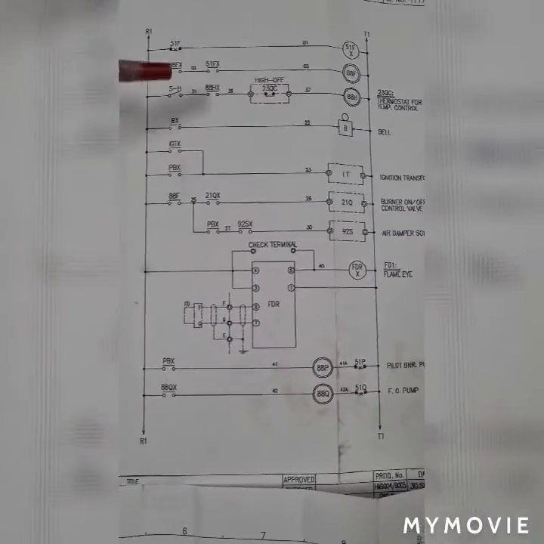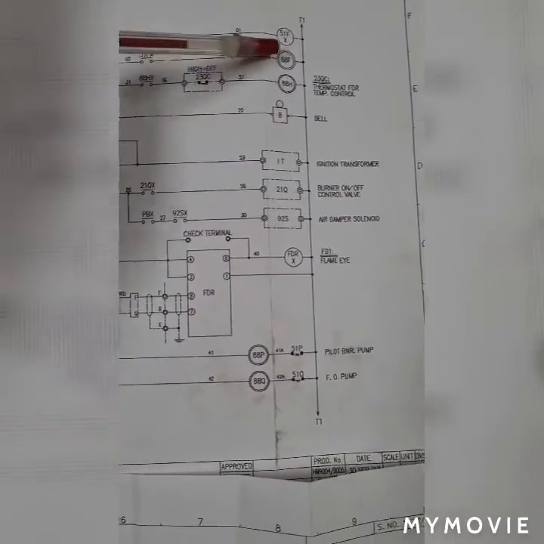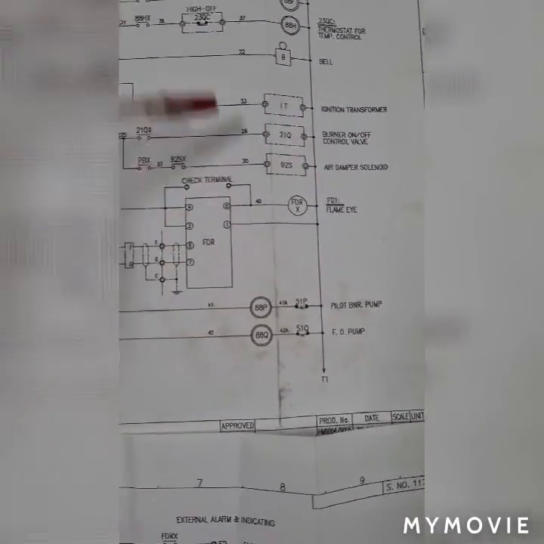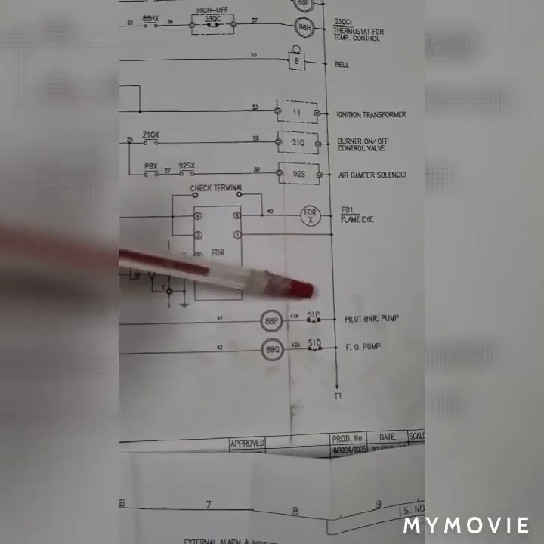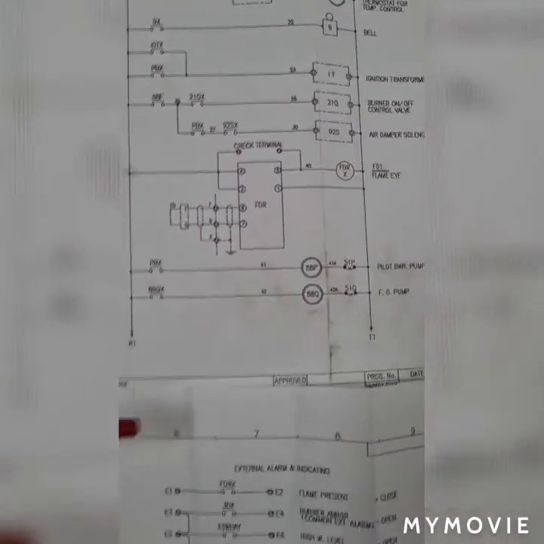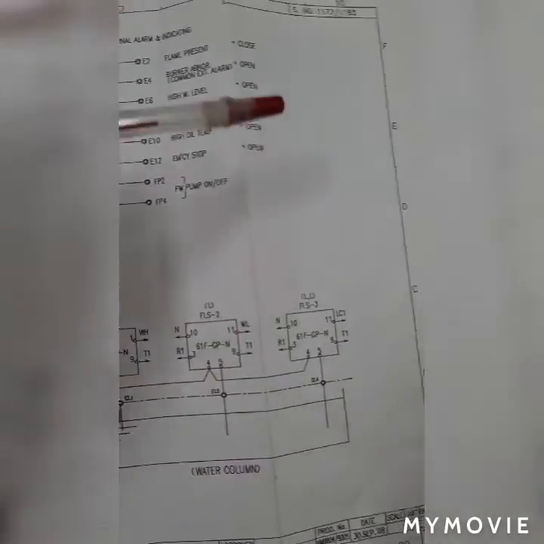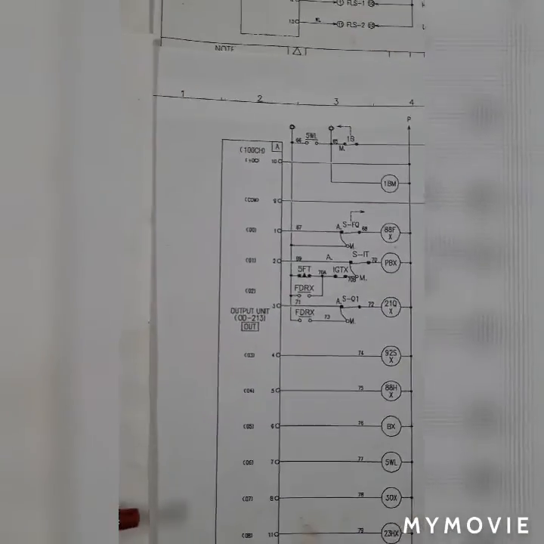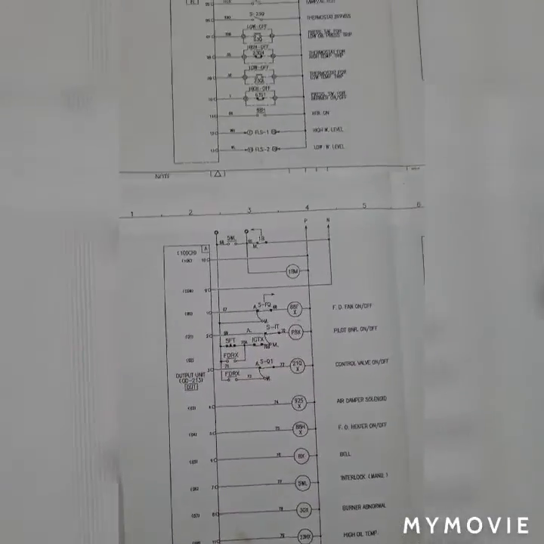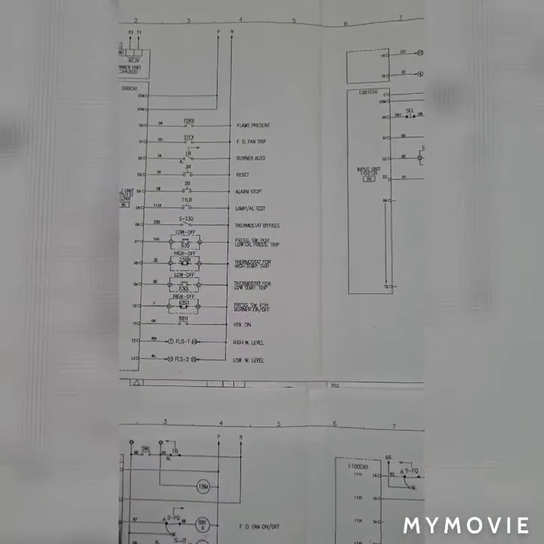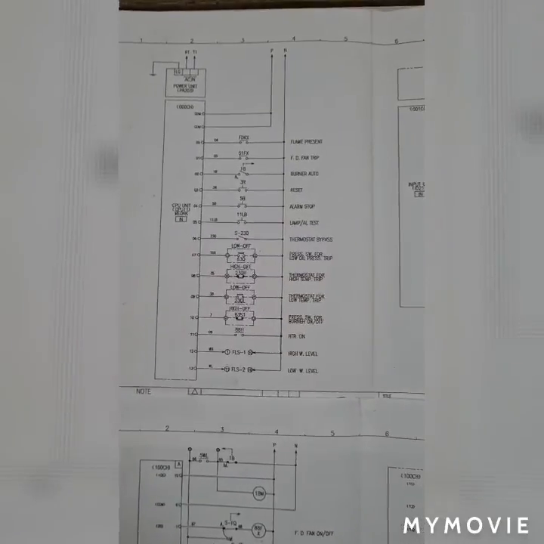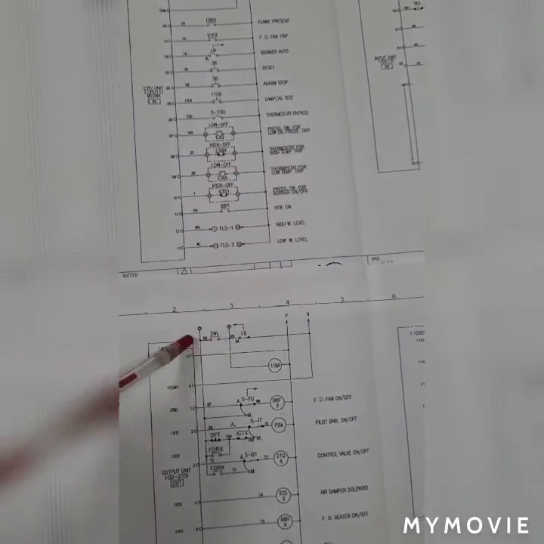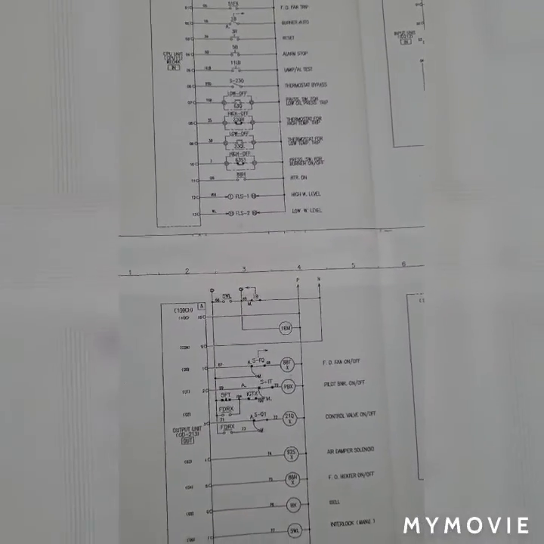And from here you will see some relays, coil relay, some devices, some contacts, from which you will find how the boiler is operated in automatic mode by the help of the programmable logic controller sequencer.